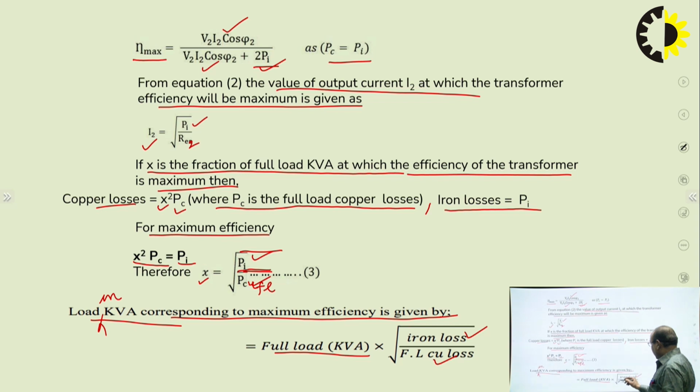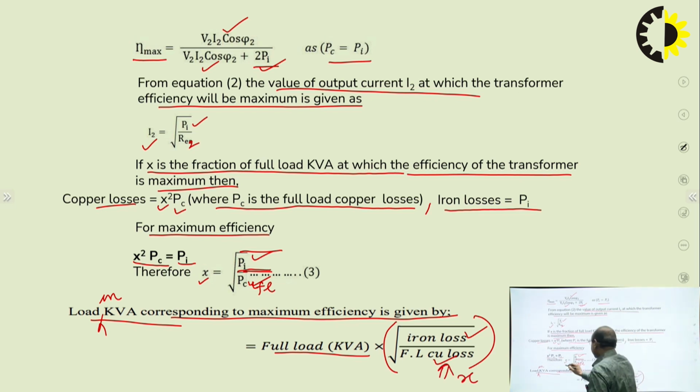So, by putting that value of X here, that already we have found, and multiplying this X with full load kVA, that becomes the kVA load corresponding to which we will get maximum efficiency of the transformer.